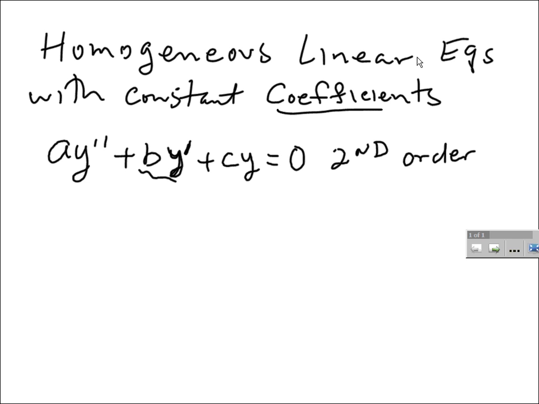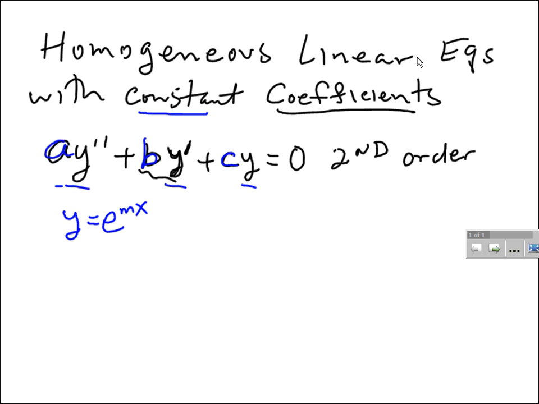The coefficients of y double prime, y prime, y triple prime, y to the fourth prime, etc. are all constants. Constant, constant, constant. Now, I claim that a solution would be in this form, e to the mx.